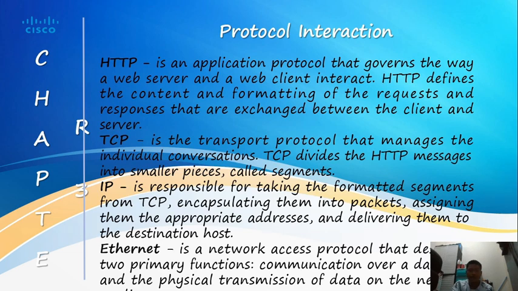So, the next is protocol interaction. HTTP, or Hypertext Transfer Protocol, is an application protocol that governs the way a web server and web client interact. HTTP defines the content and formatting of the requests and responses that are exchanged between the client and the server. Next is TCP, or Transport Protocol.